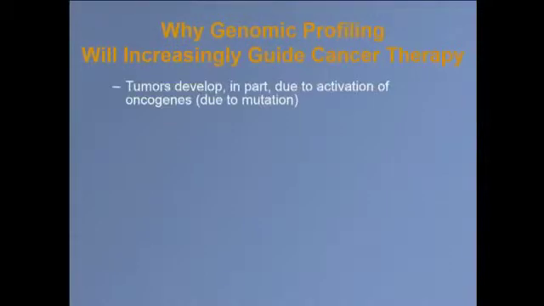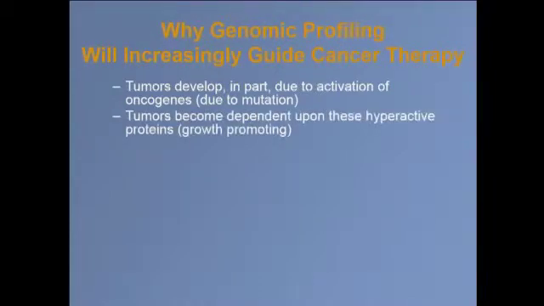So as I mentioned, tumors will develop in part because you activate oncogenes, the genes that make the cell grow faster. And what happens is that as the tumor is growing because of these turned on genes, the tumor then essentially becomes dependent upon what that turned on gene is doing to the cell.